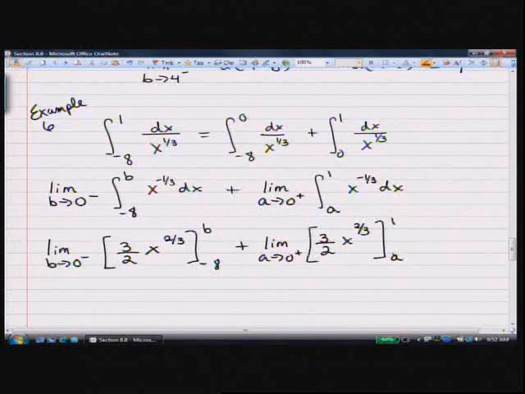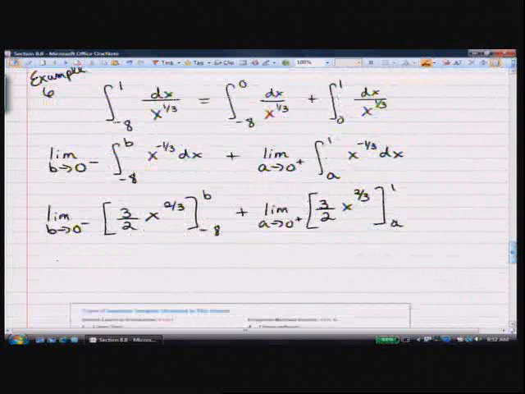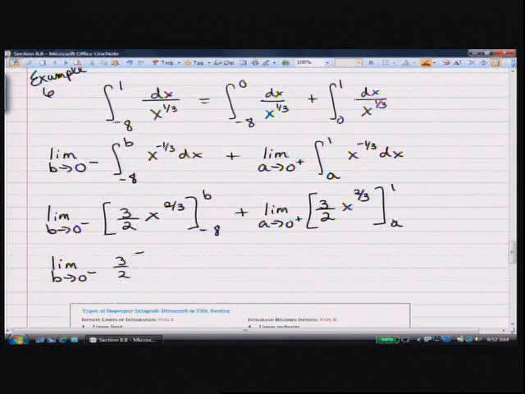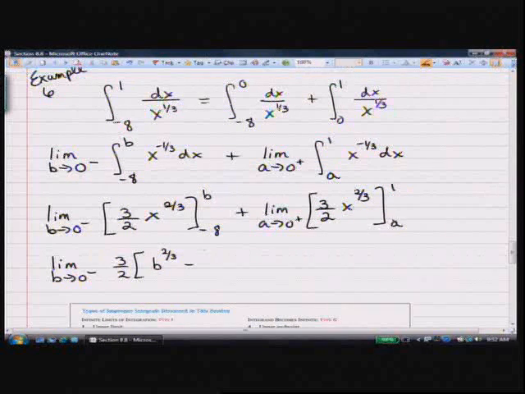Or a and 1. Okay, and so then this is the limit as b approaches 0 from the left of 3/2 times b to the 2/3 minus -8 to the 2/3.